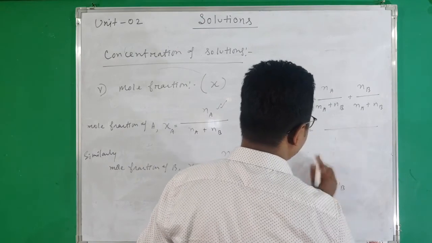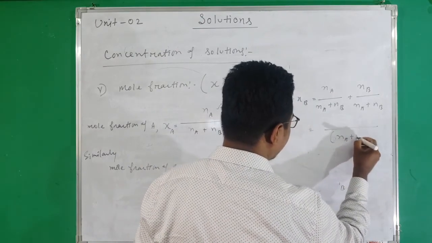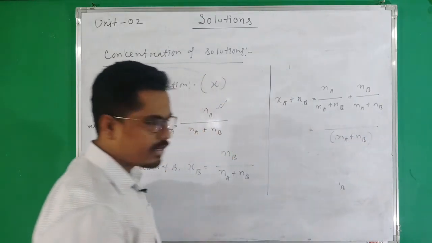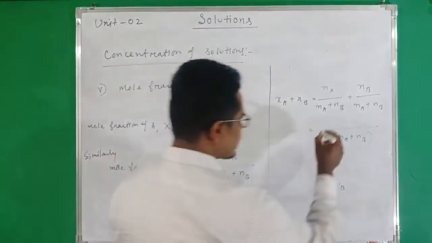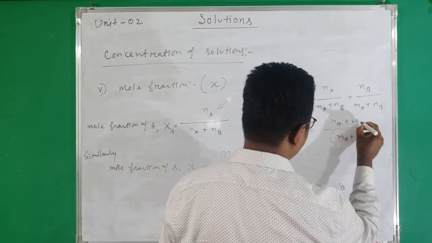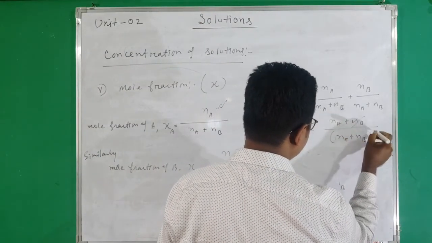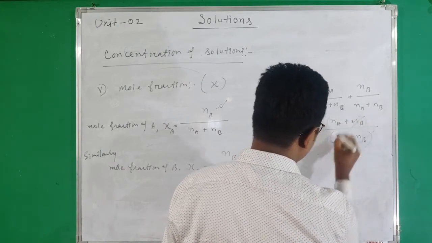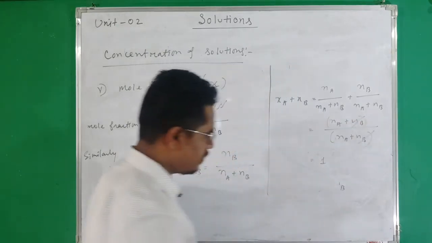The LCM will be Na plus Nb, so they cancel out each other and the value is 1.